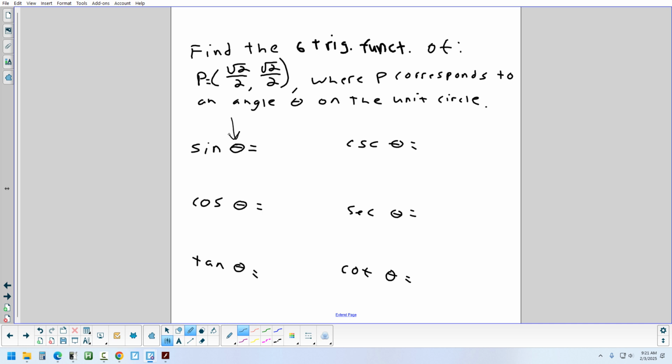Sine, it's a single letter. Okay, help her out. What's sine equal to? Yep, y. Sine is the y.